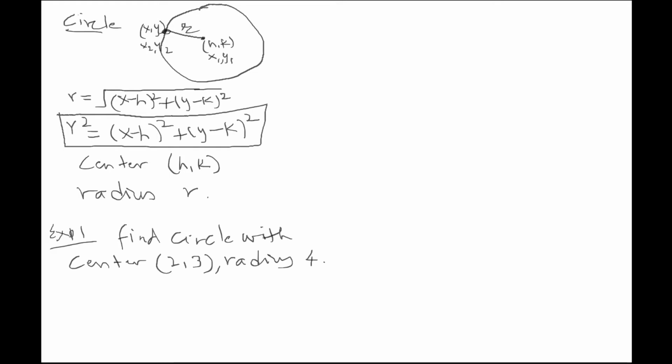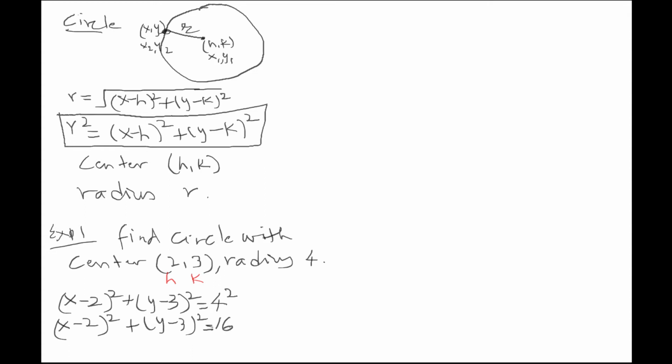It is the center, which we denote by h and k. Using the formula, you get (x minus 2) squared plus (y minus 3) squared equals r squared, which is 4 squared, so 16. This is the equation of the circle with center (2, 3) and radius 4.